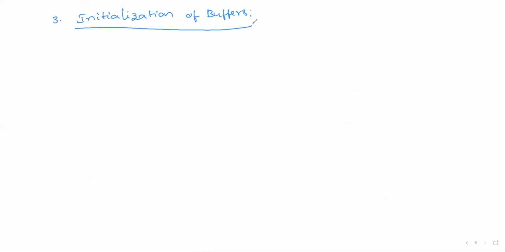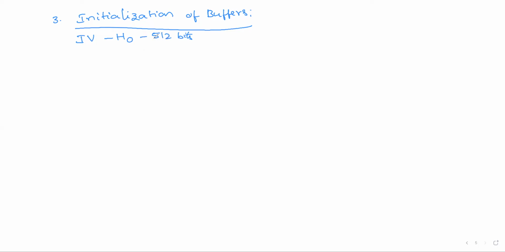Why are we concentrating now on these buffers? Because you are taking that initial vector, which is represented like H naught. It is of 512 bits. This is what we call the initial vector.